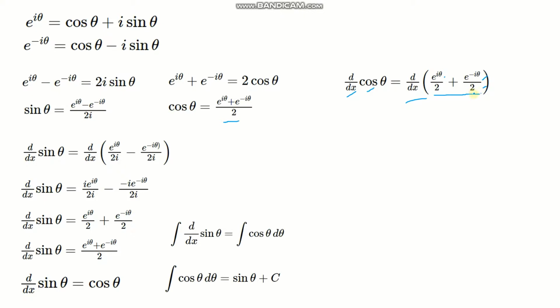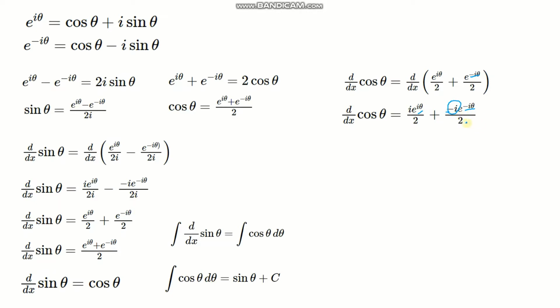The derivative of e to the i theta over 2 is e to the i theta times the derivative of i theta, which is i over 2, plus the derivative of e to the negative i theta over 2, which is e to the negative i theta times the derivative of negative i theta, which is negative i over 2.